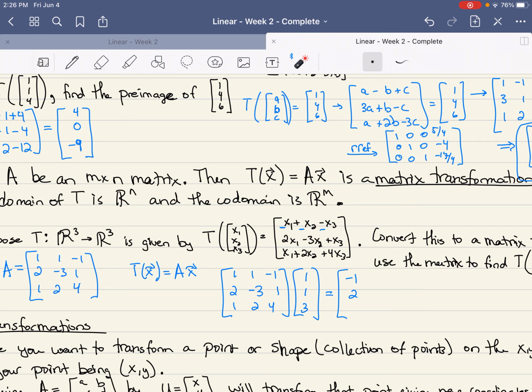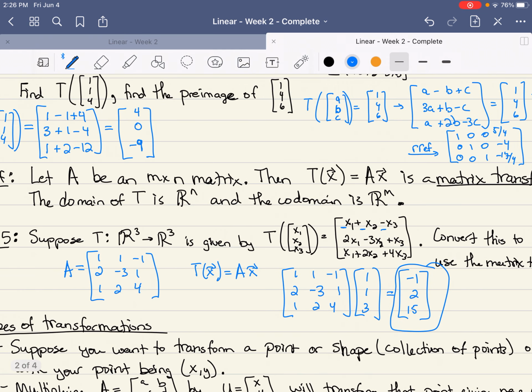And lastly, 1 plus 2 plus 12, so it's going to be 13? No, 1 plus 2 plus 12, 15. And so it's a quicker kind of way, sorta, of figuring out what your value is. So in this one, we were just looking for the A and for T of 114.